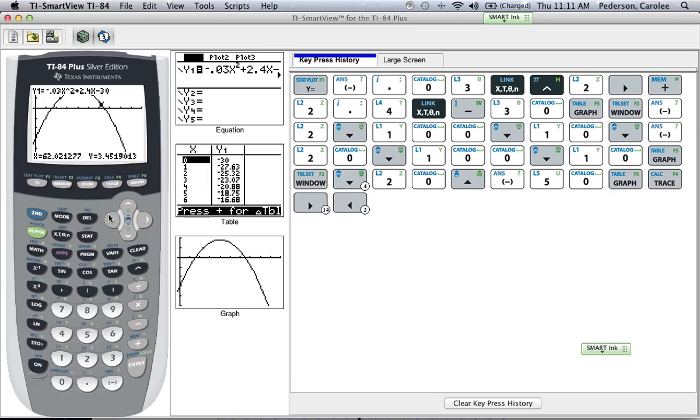And I can go to the left. That is 15, 0. Then we can continue tracing down to the left. We'll go down to that y-intercept and find that, which is about -30.